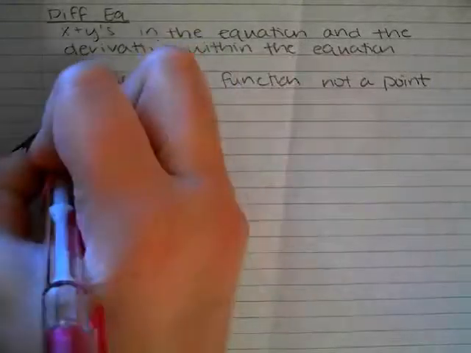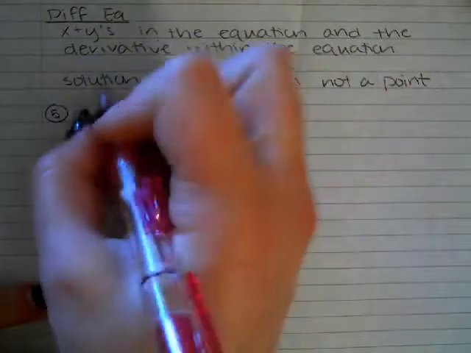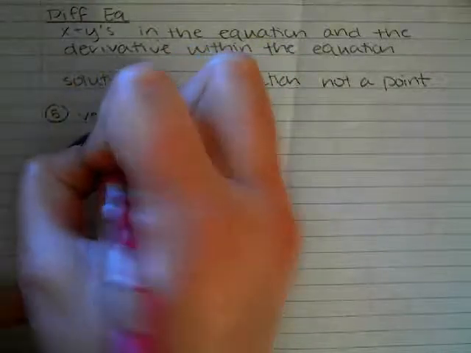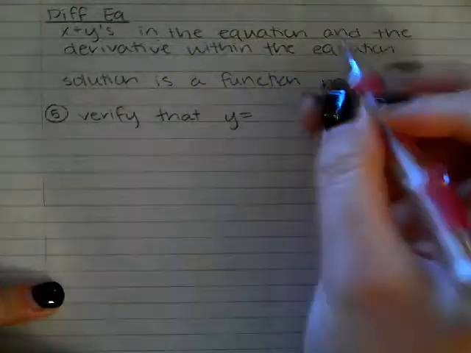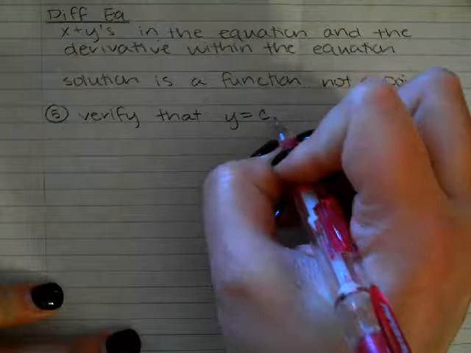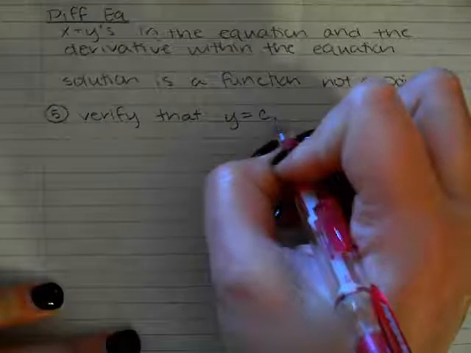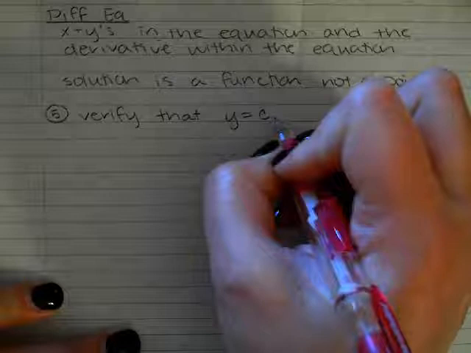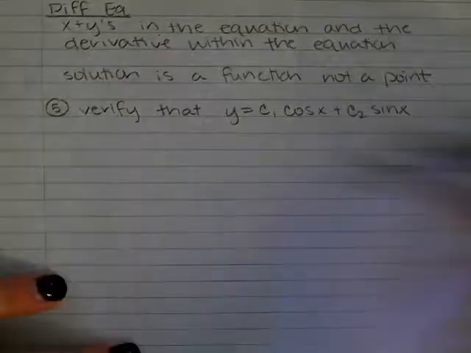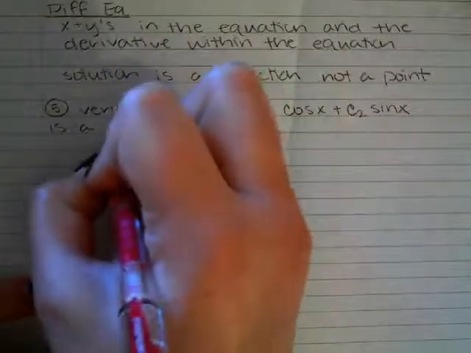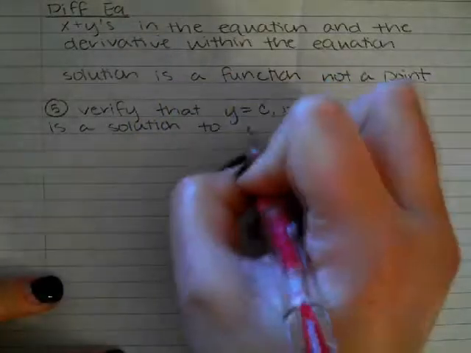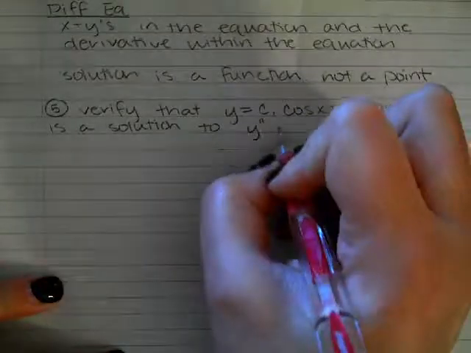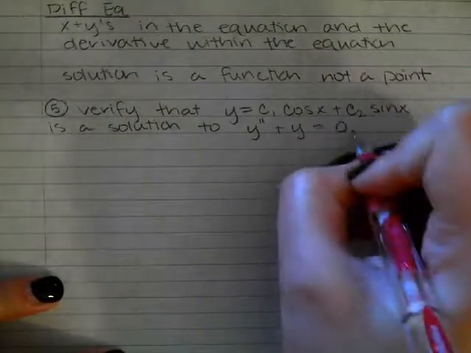All right, so example 5 is going to say verify that y equals c sub 1 cos x plus c sub 2 sine x is a solution to y double prime plus y equals 0.